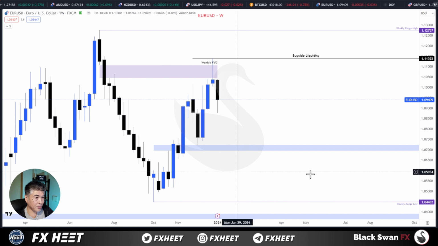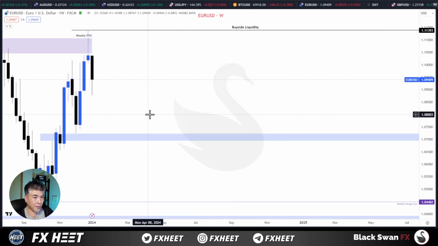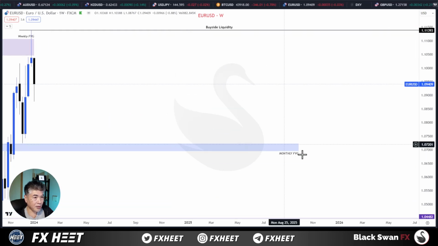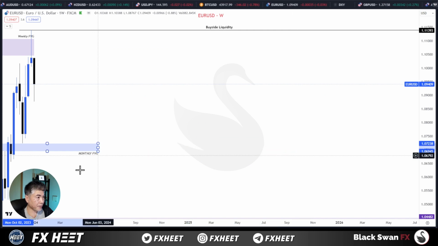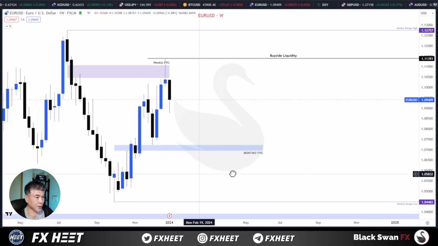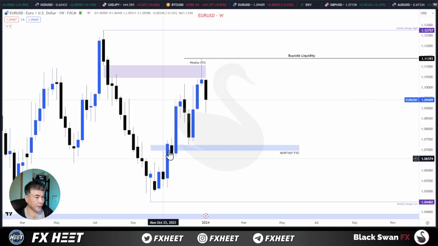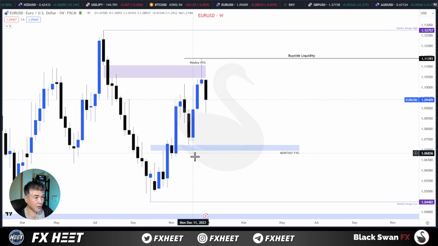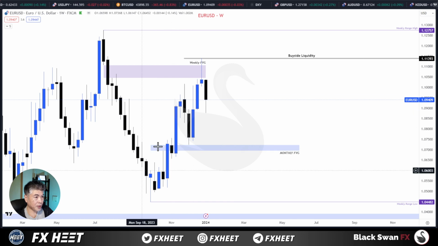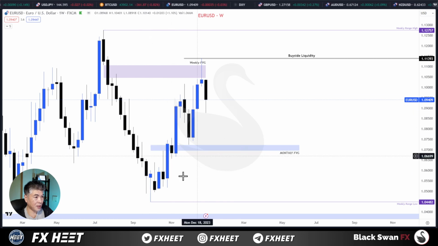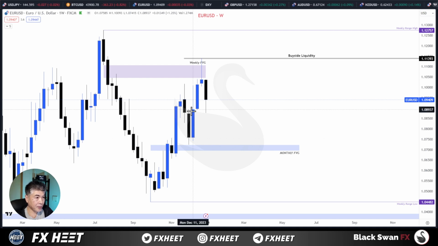And yeah, that monthly fair value gap, I don't really like so much anymore, because if you look on a weekly time frame, it's been traded through. So there really isn't so much in terms of inefficiency left on the downside. The only thing I can see is that we've come into order block here.